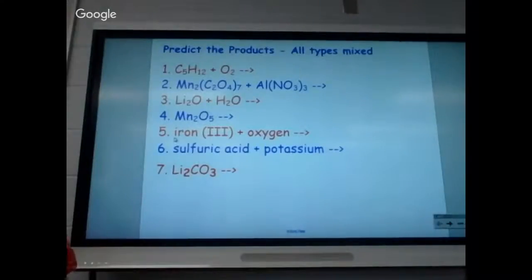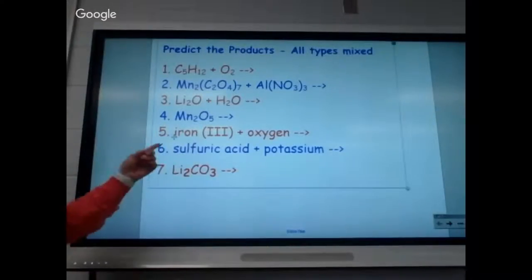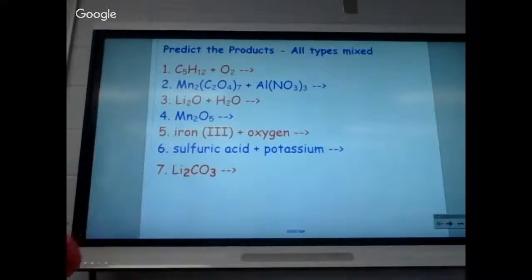What's sulfuric acid? That's a compound. What's potassium? An element. So an element plus a compound would be what? Single. Good. And what's Li2CO3? Decomposition. Good. So an element plus an element is synthesis, because you can't single displace it if you just have an element plus an element.